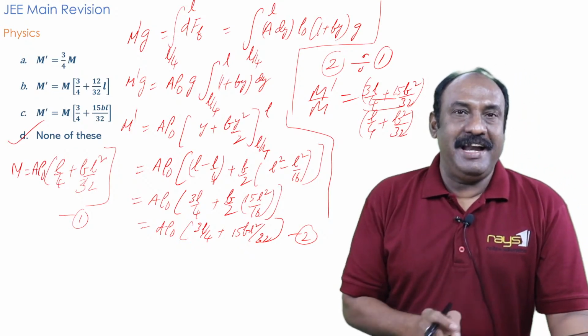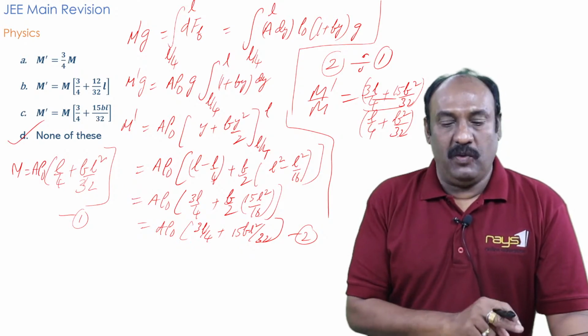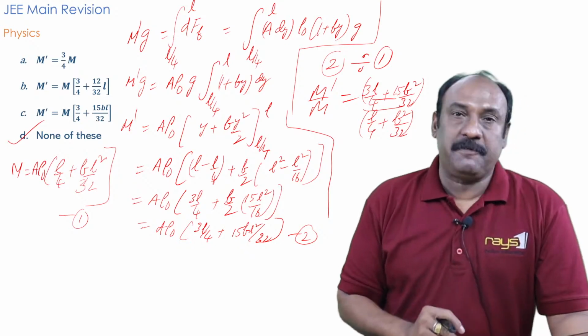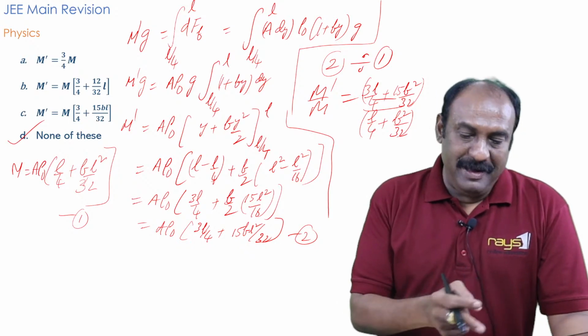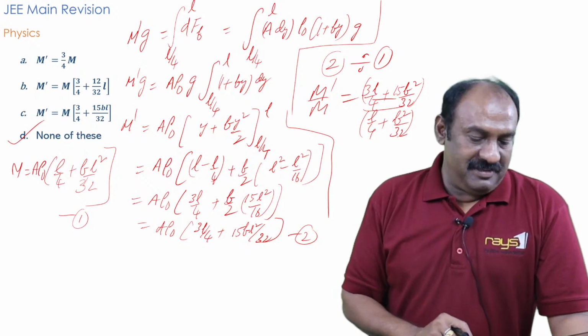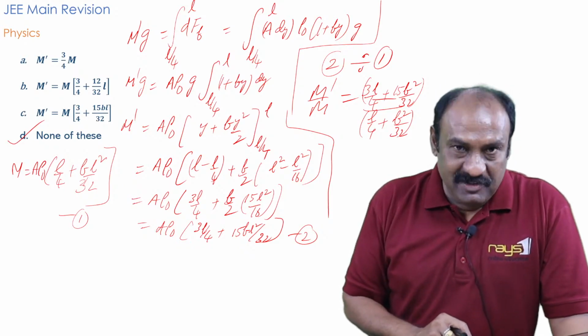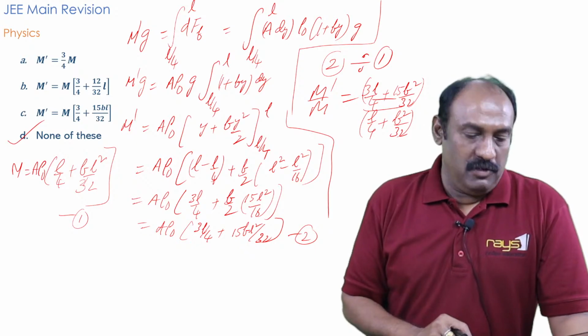By dividing 2 with 1 we get m dash by m like this. By observing all options, no option matches this value. So the answer is none of the above, but the procedure for calculating the mass of the additional block and the mass of the block is most important.